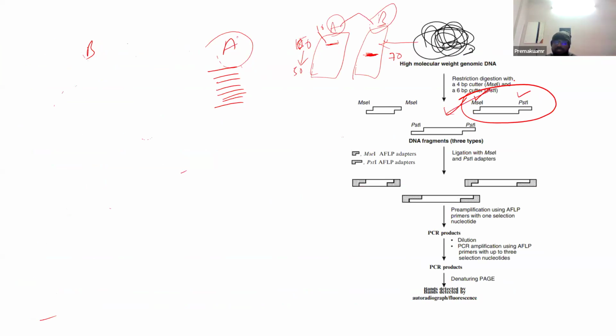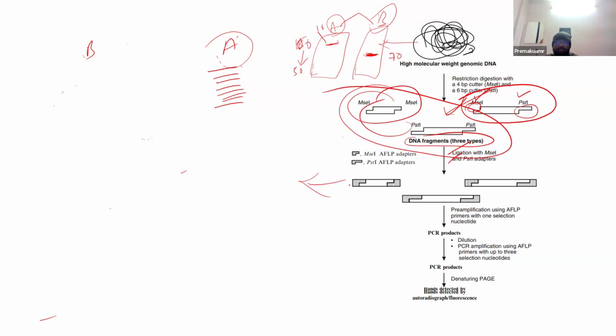We'll select these fragments, DNA fragments with PstI, three types you're getting. Then we'll add adapter ligation with MseI and PstI adapter. We are joining the adapter to this fragment only, so that we are eliminating these two. Means your representation will go very, very less. We'll get very few fragments.